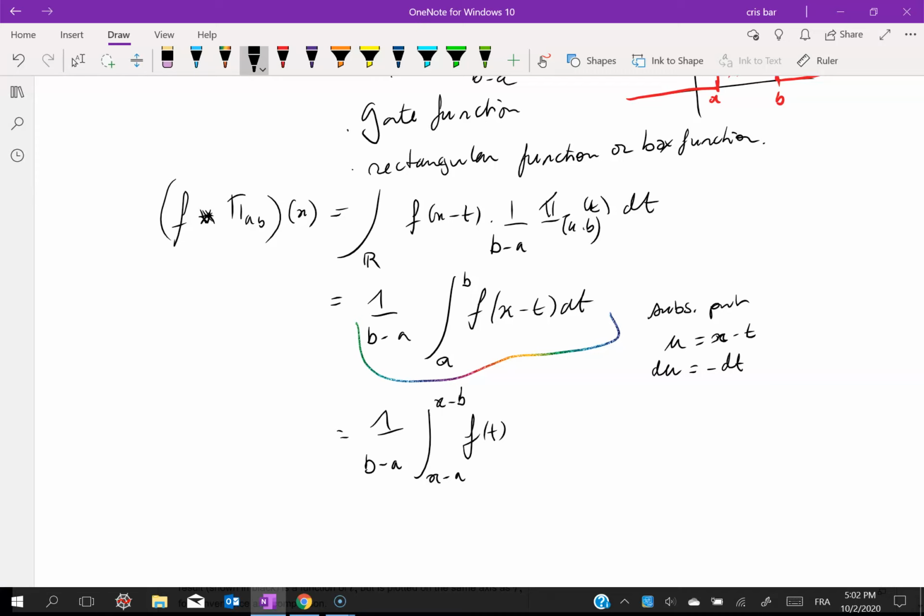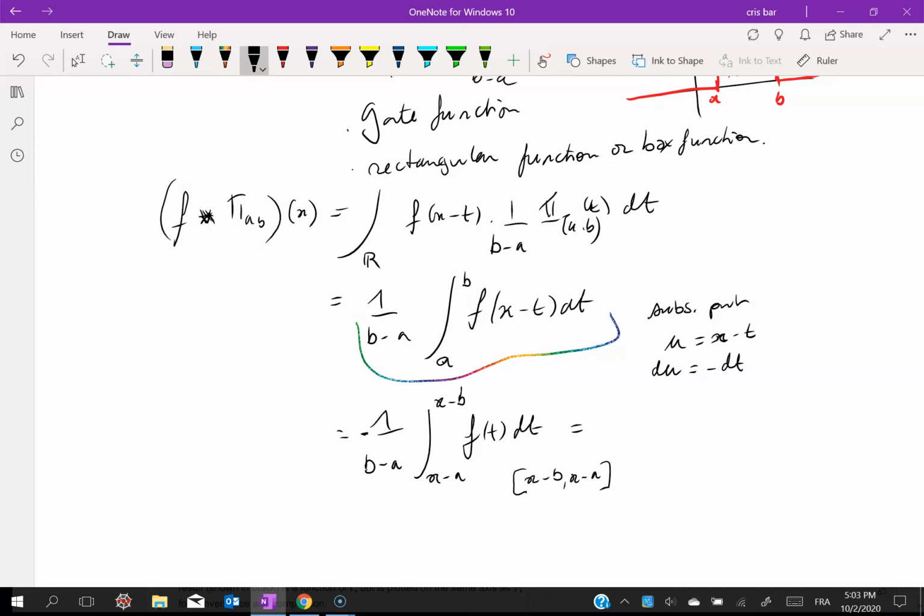Sorry, there was a minus trailing here: f of u du, the minus coming from the minus du. But that's good, because the interval that I want to integrate on is actually going to be from x minus b to x minus a.